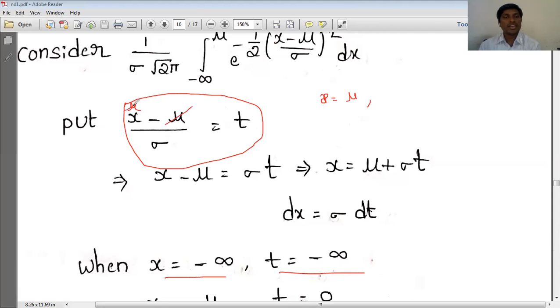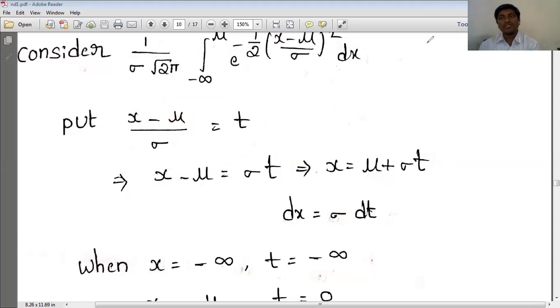So mu and mu cancel, which means 0 by sigma is 0. So when x is equal to mu, t is equal to 0. These are the limits of x and t. The x limits are from minus infinity to mu, and the t limits are from minus infinity to 0.